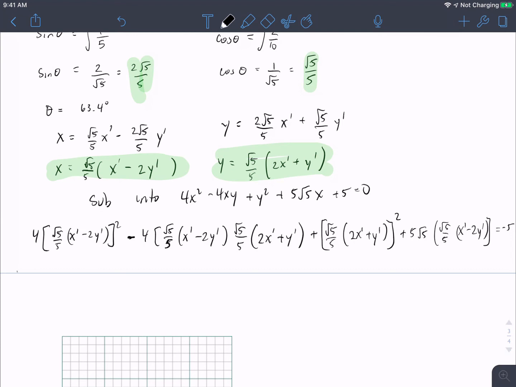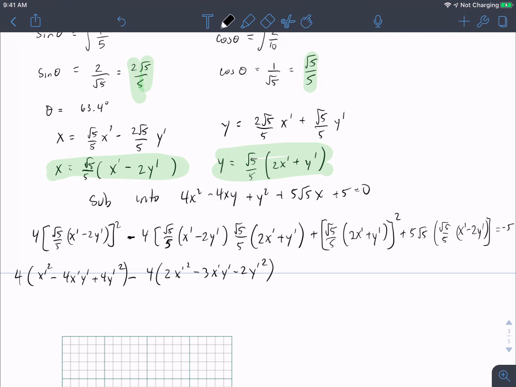By multiplying by 5, I'm going to get rid of all of those denominators, and so I'm going to get 4 times x' squared minus 4x'y' plus 4y' squared, minus 4 and 2x' squared minus 3x'y' minus 2y' squared.